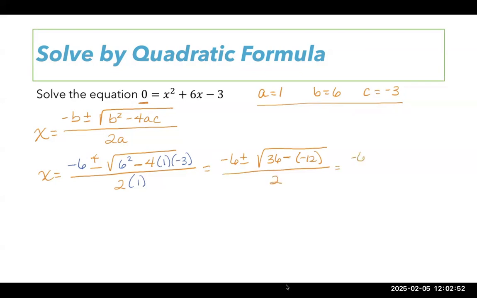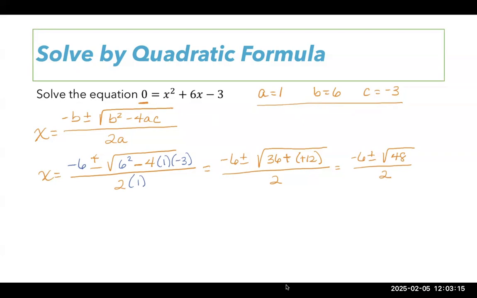So we've got negative 6 plus or minus the square root of, so this actually becomes 36 plus 12, which gives us a 48 divided by 2.